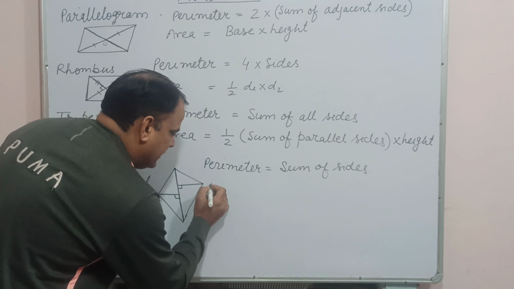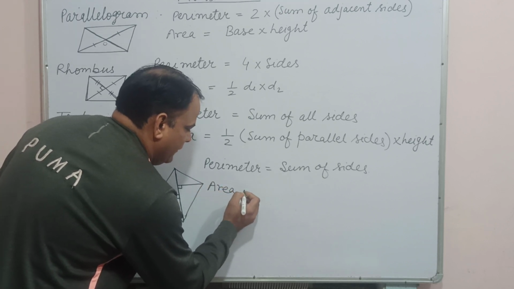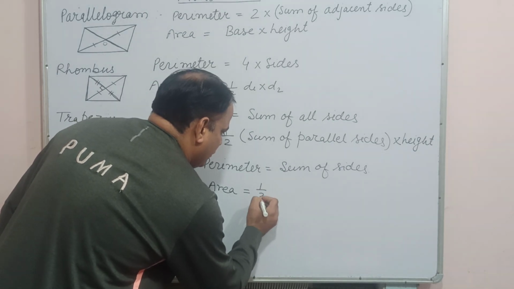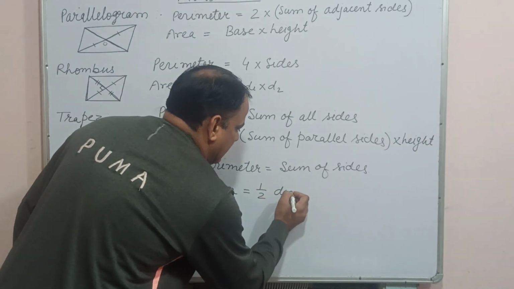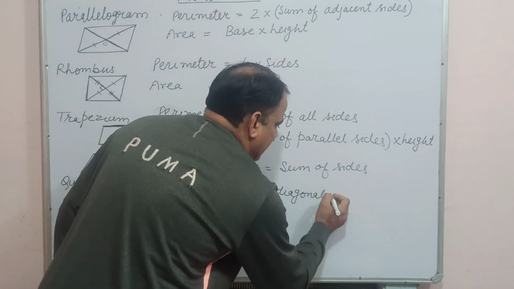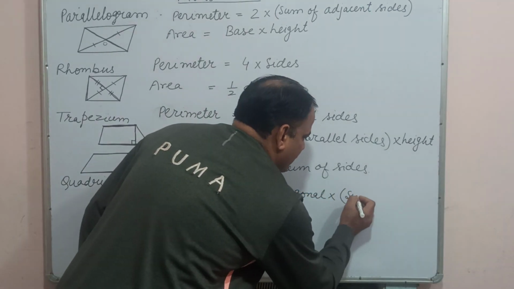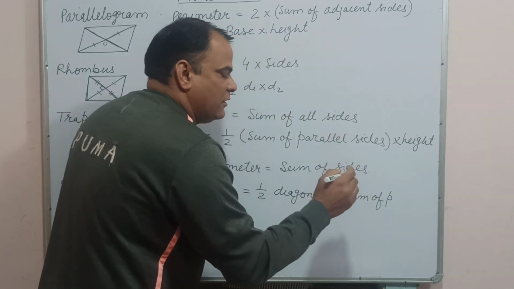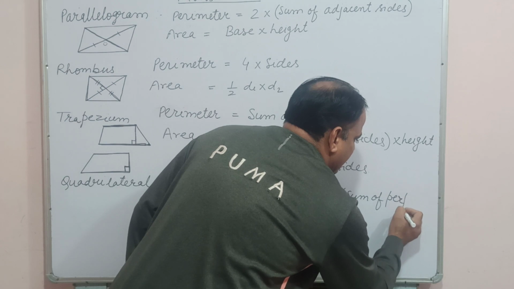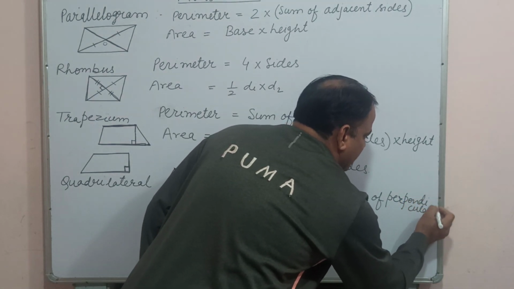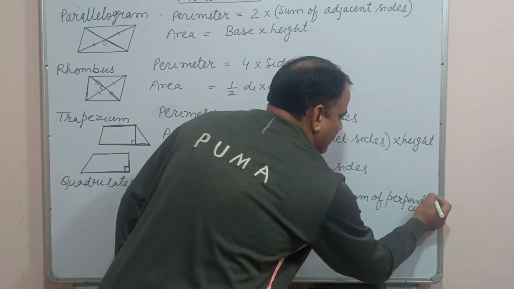So we can say that area equals 1 upon 2 diagonal into the sum of the lengths of perpendiculars from the remaining two vertices.